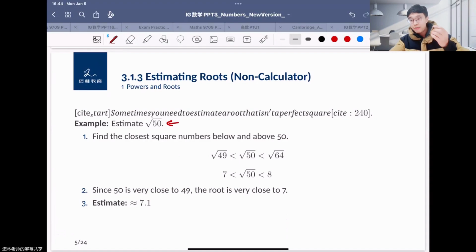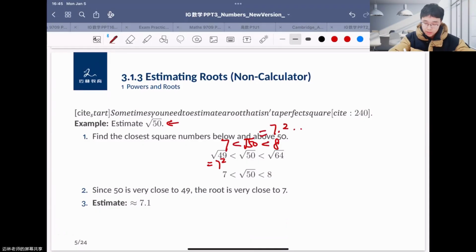We know that 50 is bigger than 49 and smaller than 64, and 49 equals 7 squared, so 7 times 7 equals 49. So the square root of 50 is bigger than 7 and smaller than 8. Maybe it equals 7.1 or 7.3, with many digits after. So you can find the estimate: the final answer is about 7.1.